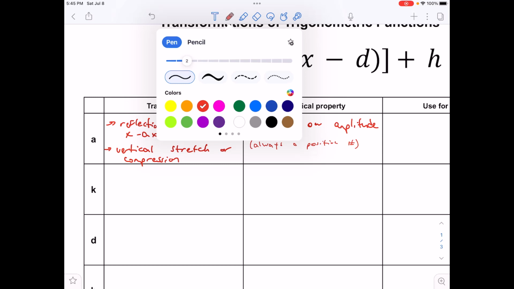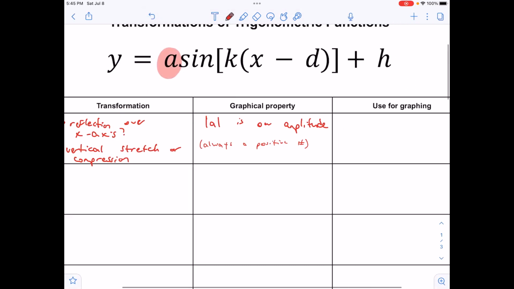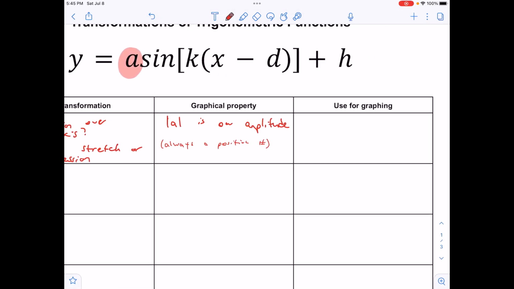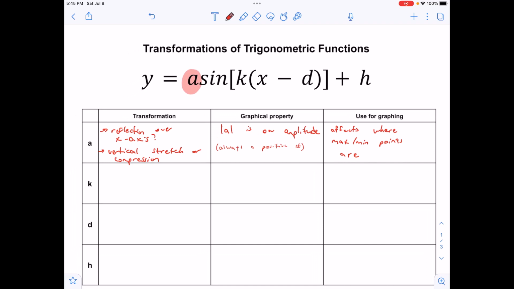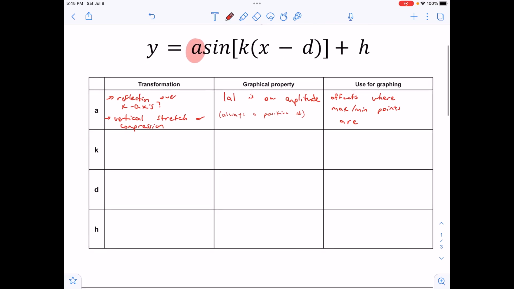We use our amplitude, our A value, to help us determine where the maximum and the minimum points are. And we'll see how that goes when we do our examples. Okay, so that's our A value.